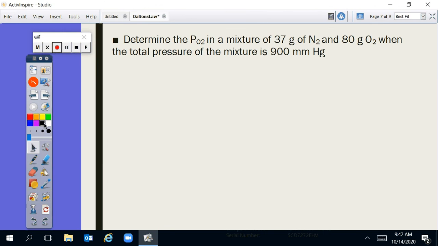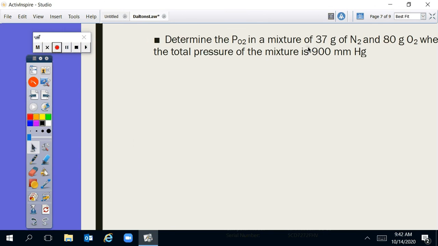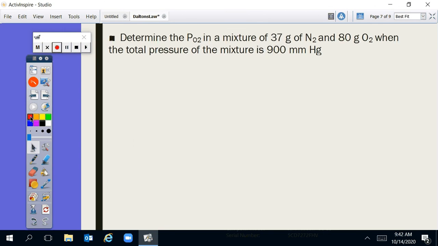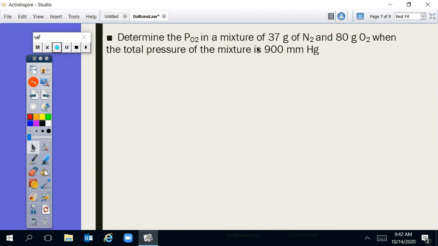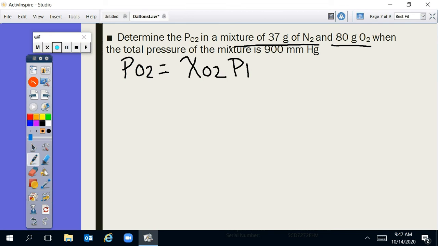We're going to use that equation of Dalton where the partial pressure of oxygen is going to equal the mole fraction of oxygen times the total pressure.